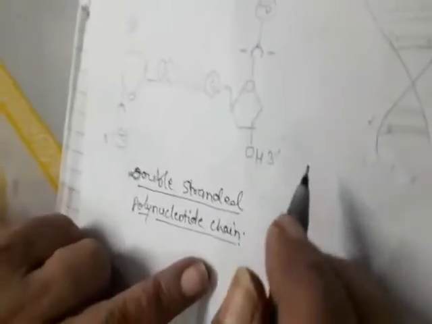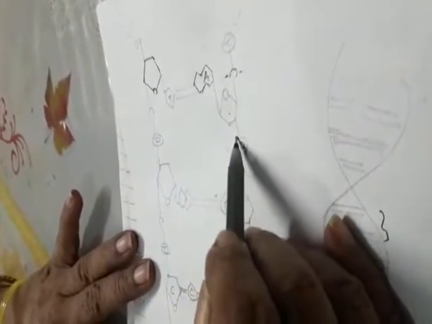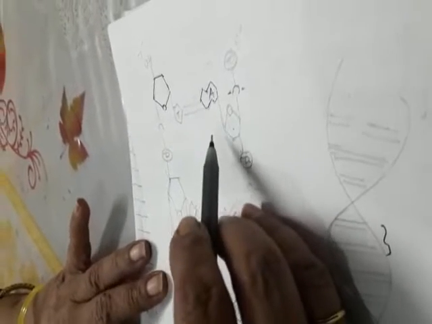The structure of a double-stranded polynucleotide chain: phosphate and sugar both link to form a double-stranded polynucleotide chain structure.